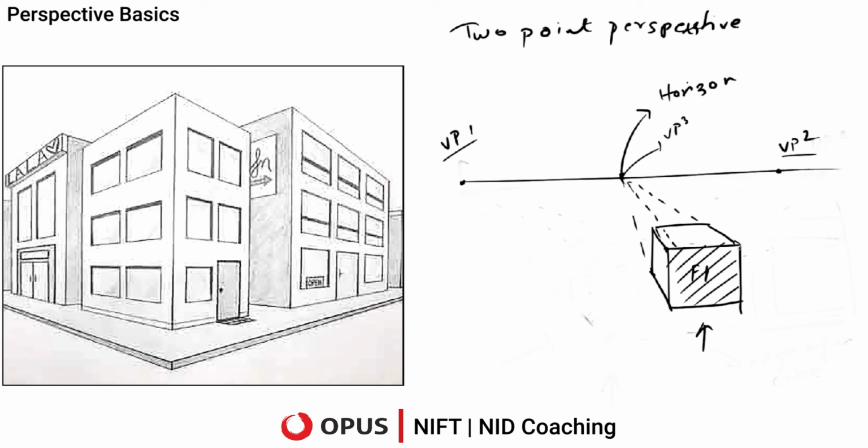Now suppose a person is standing at this position and observing the object right in this direction. But if the same person moves to this position and starts observing the object from here, then the view he is going to have is in two-point perspective.